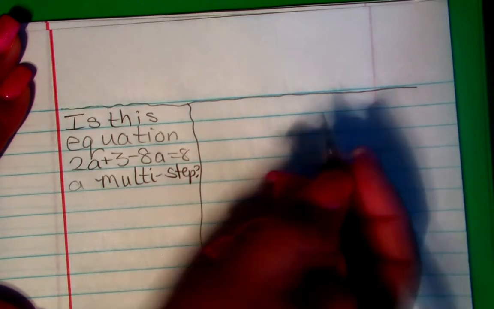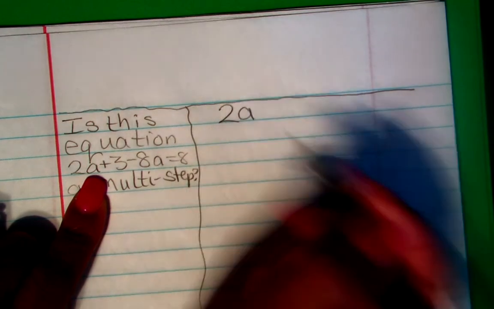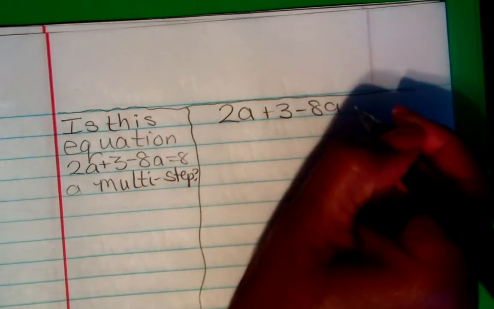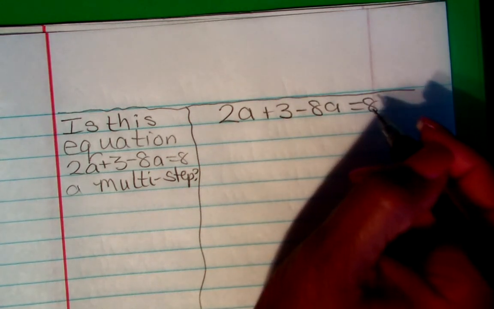Is it a multi-step? Okay. So here we go. Let's do this. So you're probably saying, how do you know? Let's write it down and see. 2a plus 3 minus 8a equals 8. Let's see if this is a multi-step equation.